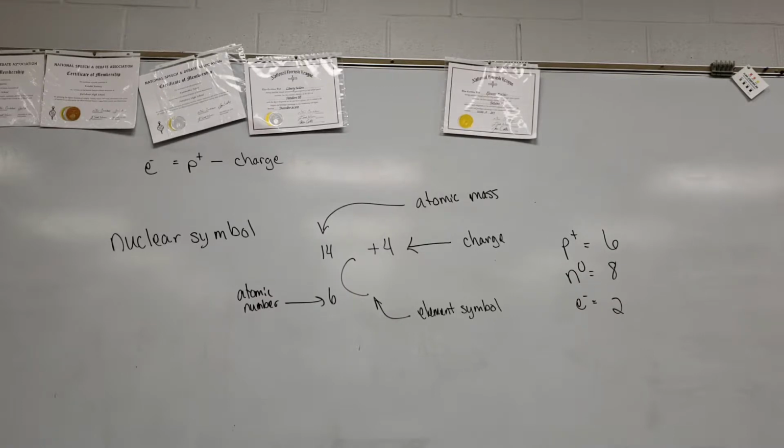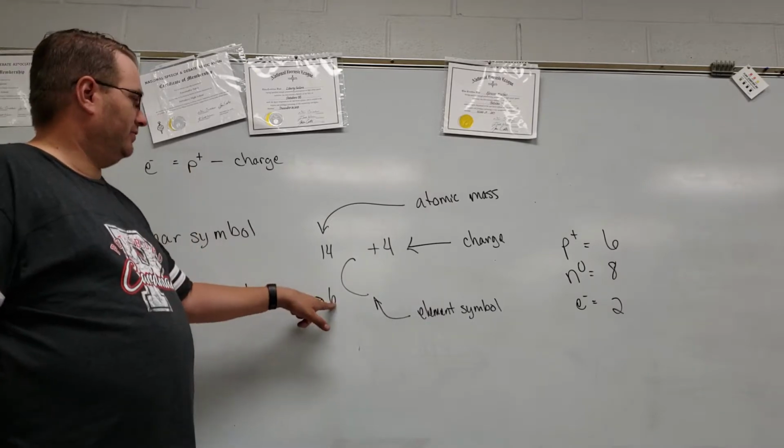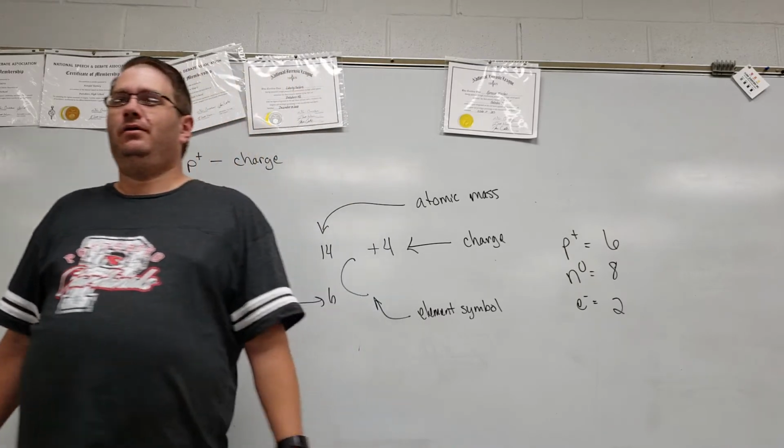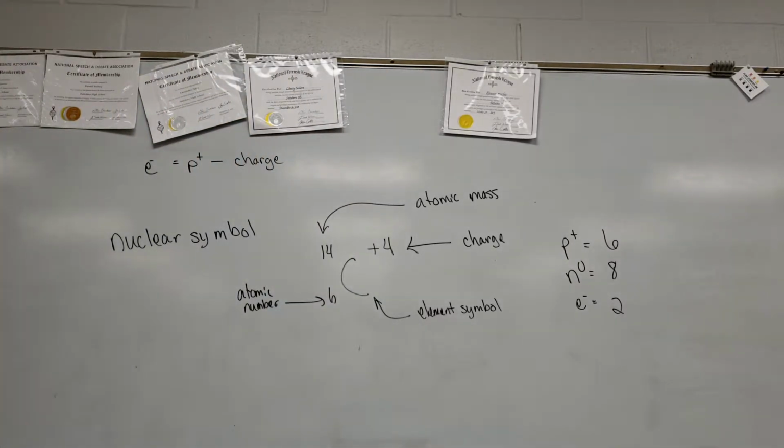Alright. Did that help you make sense of how that was calculated? Sure. To get the electrons, I took protons minus the charge, which got me 2. Six minus 4 is just 2. Wait, so it's just math? Yes. Because 14 minus 6 is 8. Chemistry is simple math with letters.